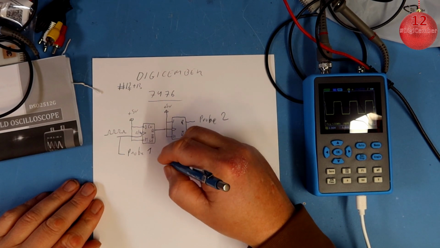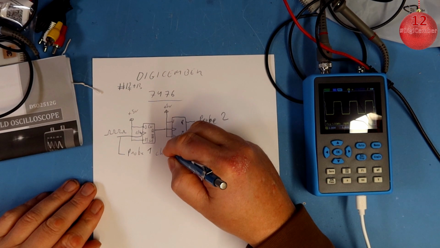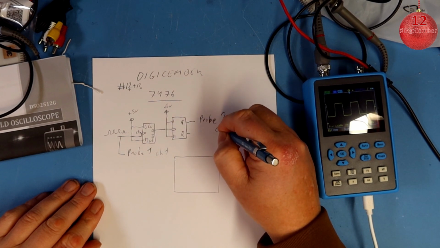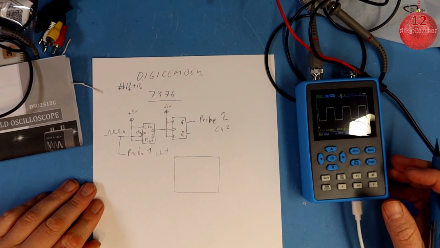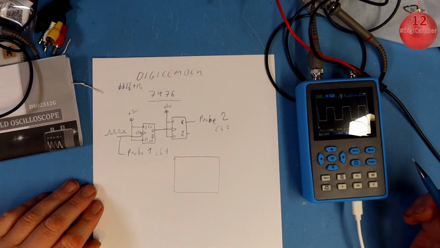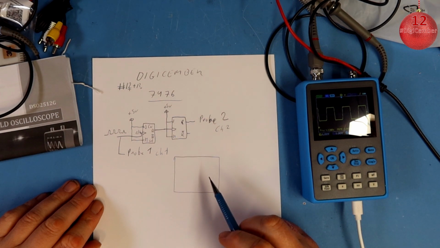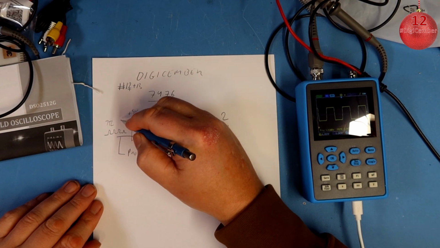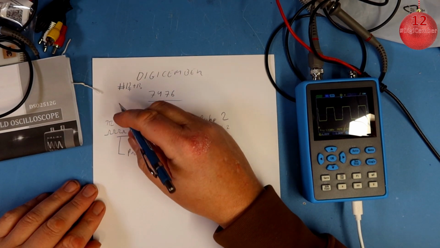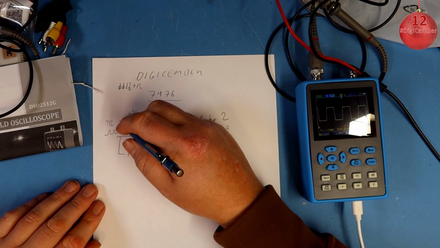This is channel 1 and channel 2. Then we are both going to test the scope, and we are going to test this circuit, and we are going to see if we can load this with a TTL compatible signal, because the signal we have now has a too low peak to peak.